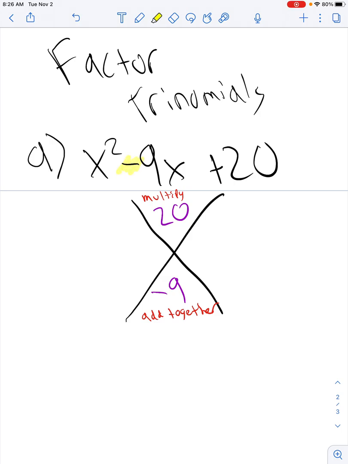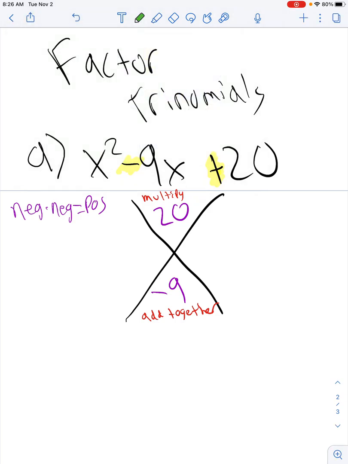And one key thing to note in this problem is I have a negative 9, but a positive 20. So remember, a negative times a negative equals a positive. So if I think about 5 and 4, that adds to get 9, but negative 5 multiplied by negative 4 is going to add up to get negative 9, but it's going to multiply to get 20.